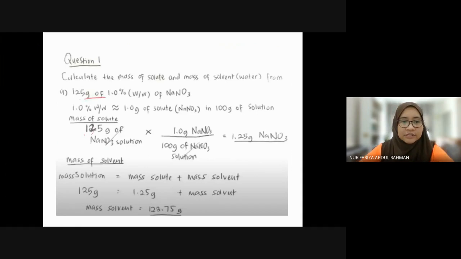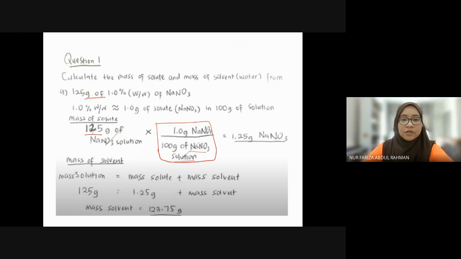So we use this information. This is the information given from the question: 125 gram of sodium nitrate solution. This is the percent by mass provided in the question, so this could be used as our conversion factor for our dimensional analysis method. We have gram of sodium nitrate solution, which means here should also be gram of sodium nitrate solution.